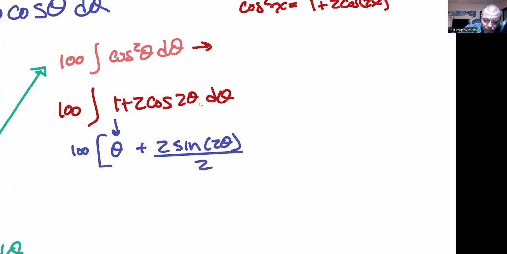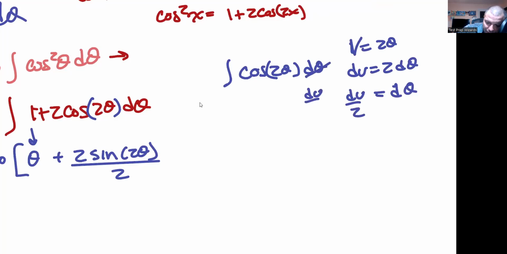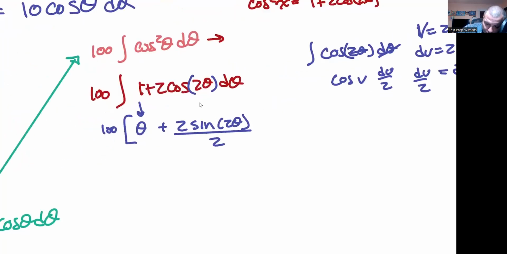The antiderivative of, so if I took the cosine of 2 theta, if we said let v equal 2 theta, dv would equal 2 d theta. And so d theta would equal dv over 2, right? So this would be a dv over 2. This would be a cosine of v, right? So that's where that comes from.